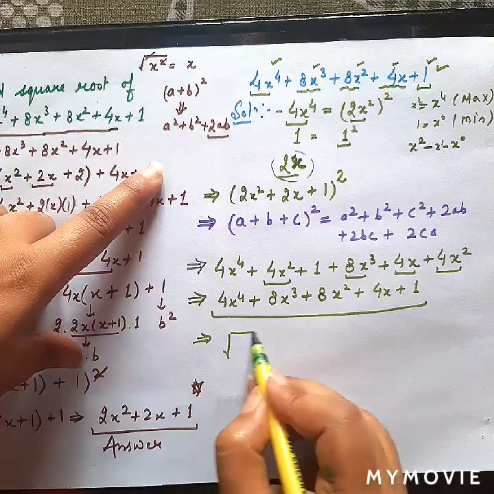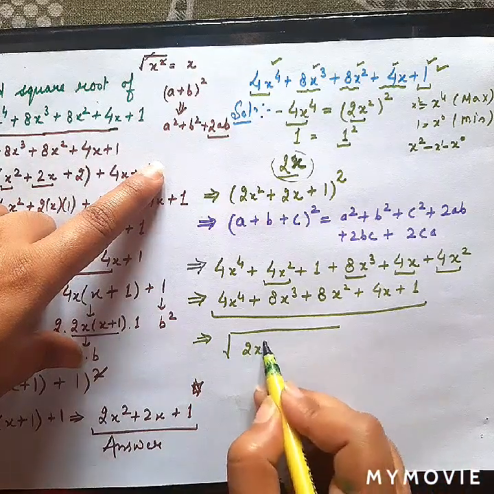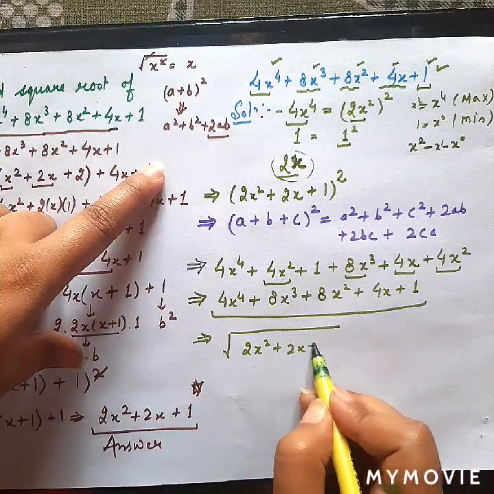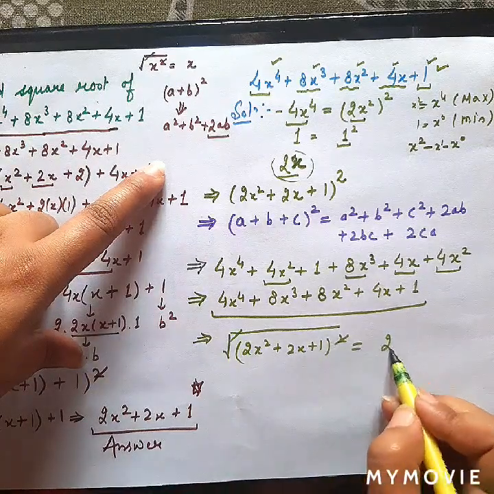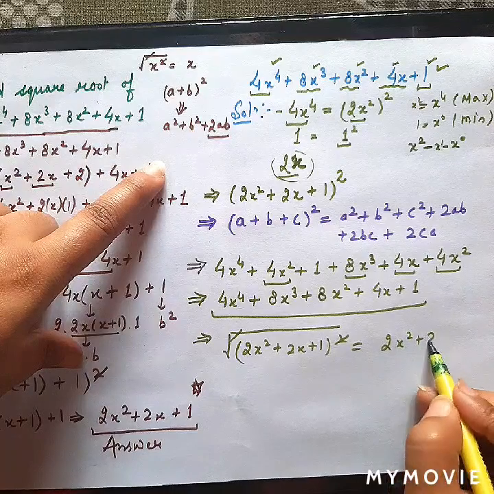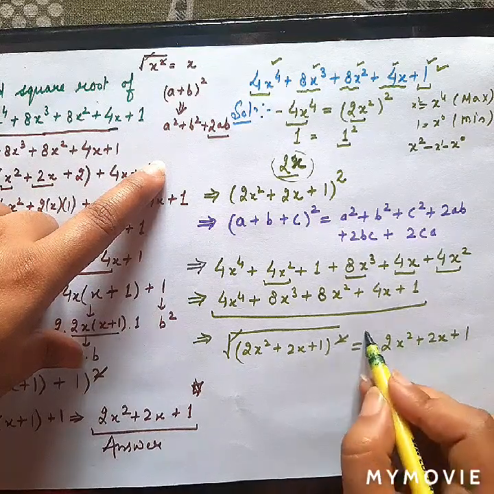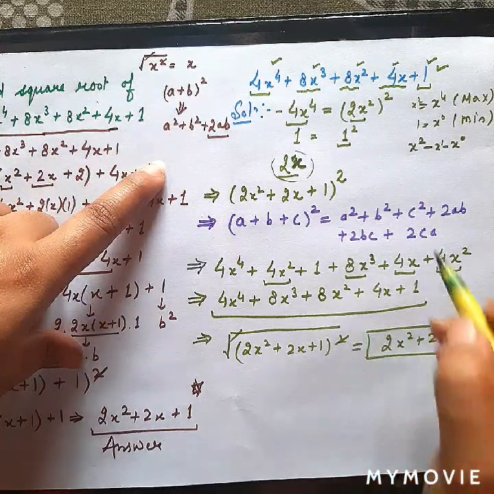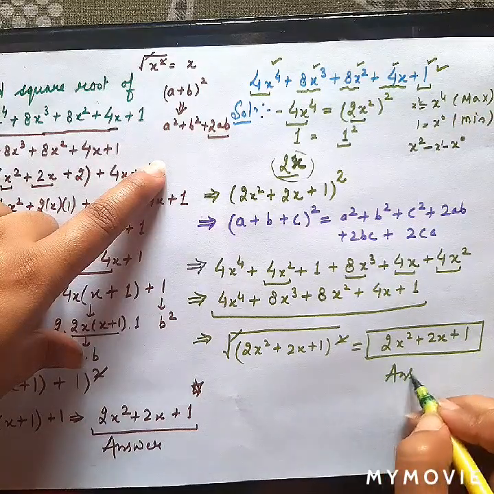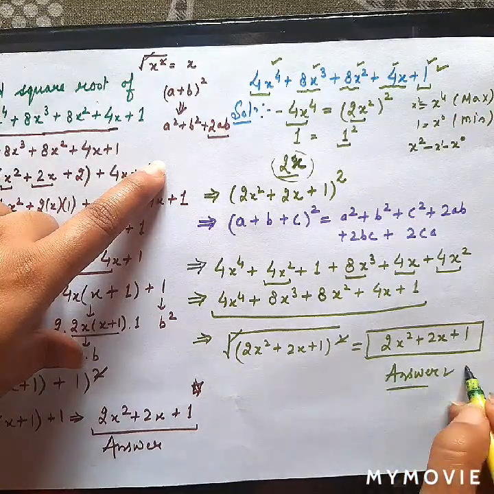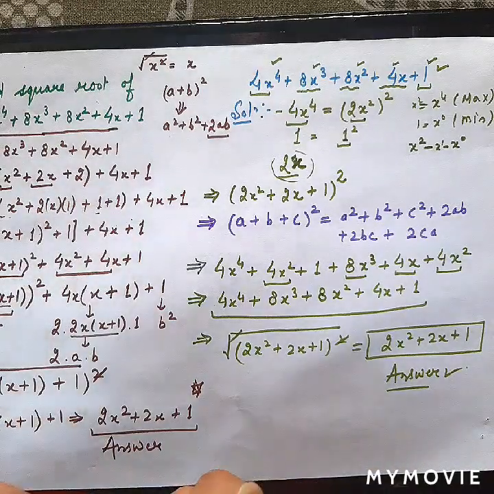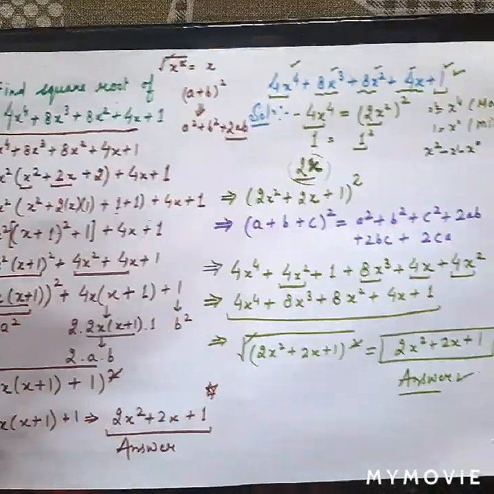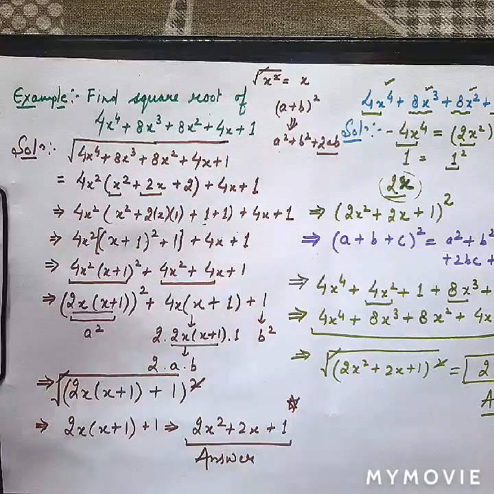We need to find the square root of this, so the square and the square root cancel out, and 2x square plus 2x plus 1 is our answer. This is the square root of the above polynomial. In such ways we can find the square root of any other polynomial also. So this is all about this, and thank you so much for watching.